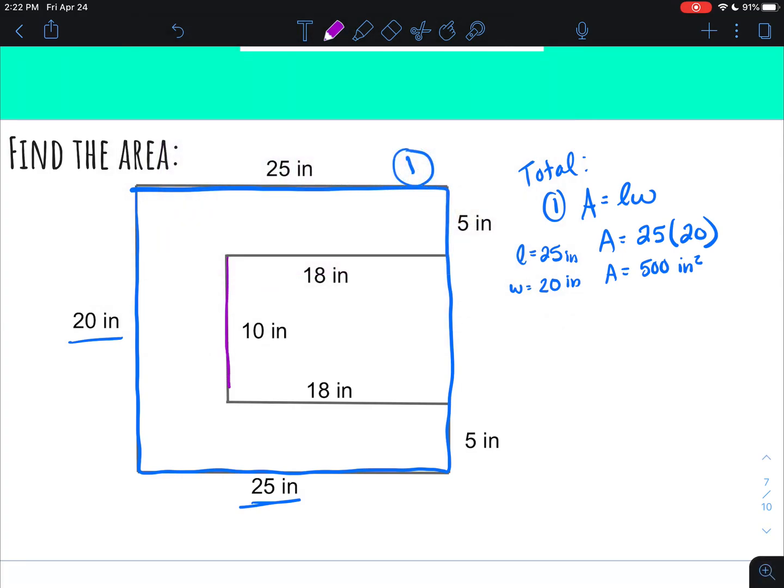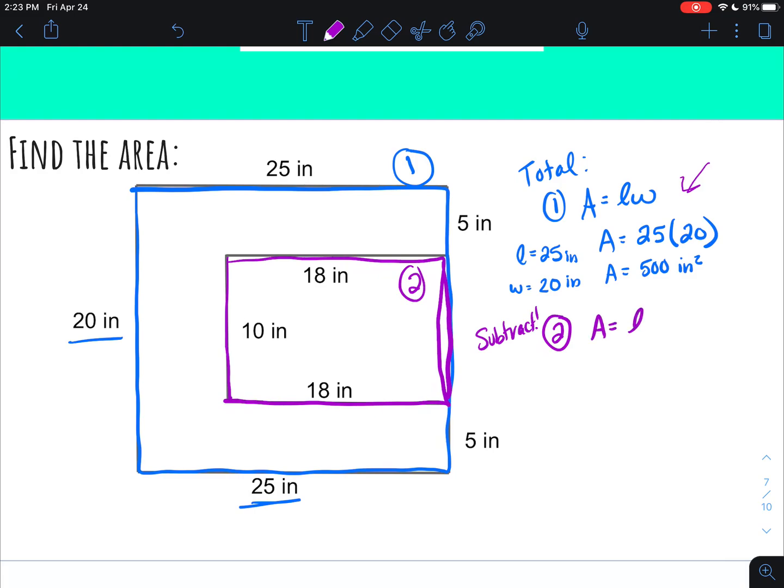But this is actually cut out of it right here. So what I could do is, instead of doing 3 separate rectangles, I could just do 2. Find the total, and then I could actually find this area that's cut out, and then just subtract it from my total. So this is going to be rectangle 2 that I'm going to subtract.